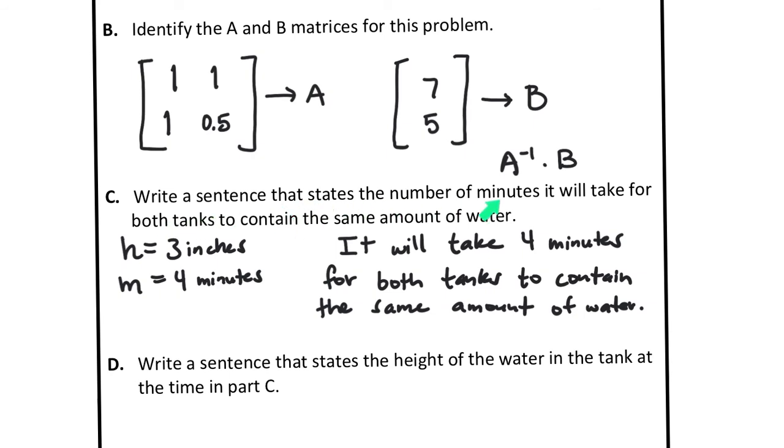Okay, so I'm kind of just writing the same sentence that's here, right? Because the instructions say, write a sentence that states the number of minutes it will take for both tanks to contain the same amount of water. So it will take 4 minutes for both tanks to contain the same amount of water. Where did I get 4 minutes from? From the answers that I'm getting from the calculator, right?